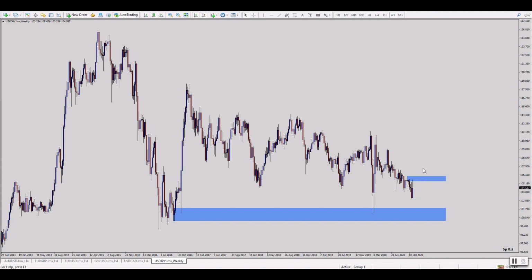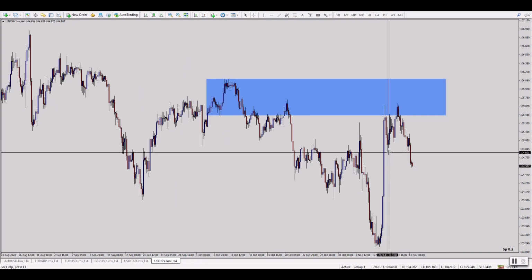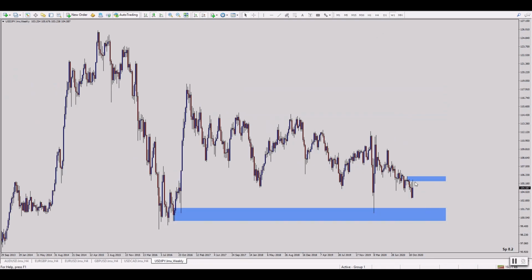So we've got the start of what probably looks like a weekly move. We'd need to see the first opposing demand consumed, which probably looks like this level here. So with a fair degree of confidence, we've got a weekly bias from supply down to demand. I have no idea how long it'll take to get there, but that's a fair assumption.